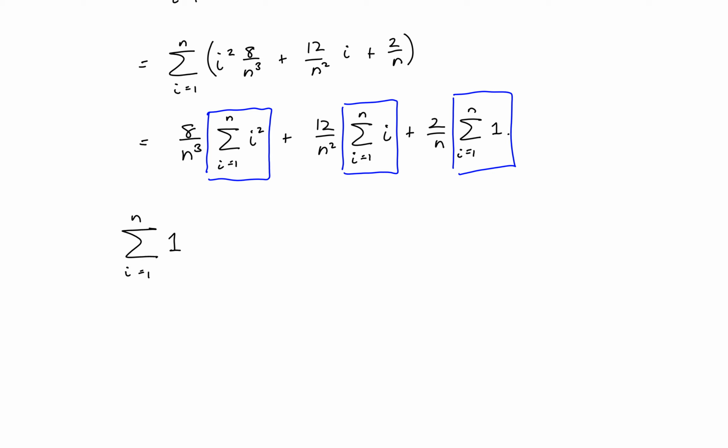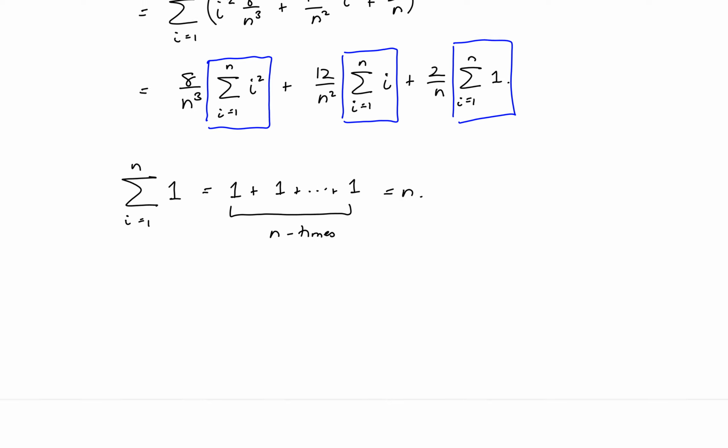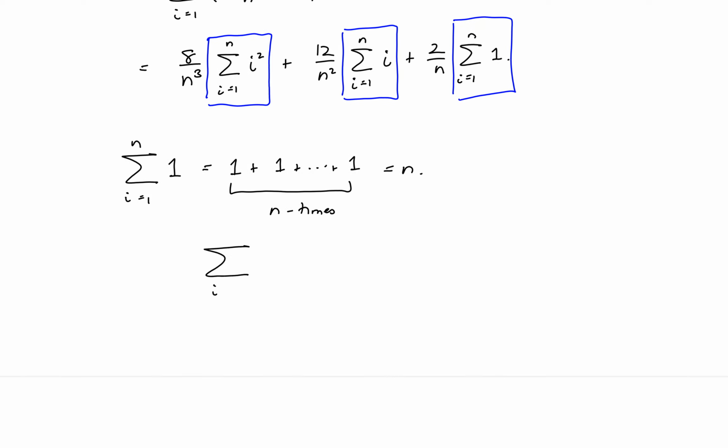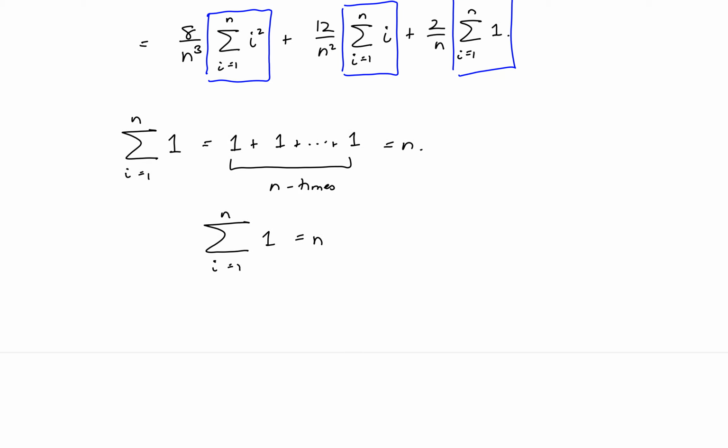If I look at this sum, this is just adding 1 to itself n times. So this is just n. Let's keep track of that. We'll box this in because we're going to come back to this later.